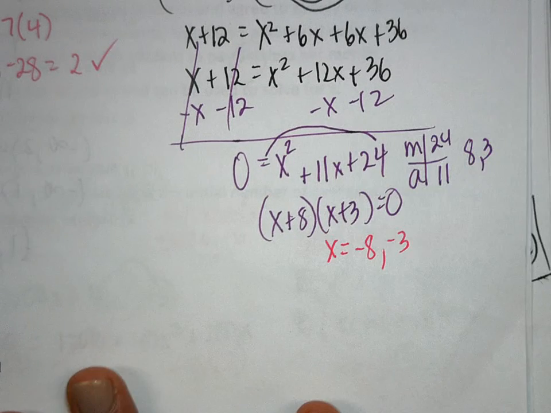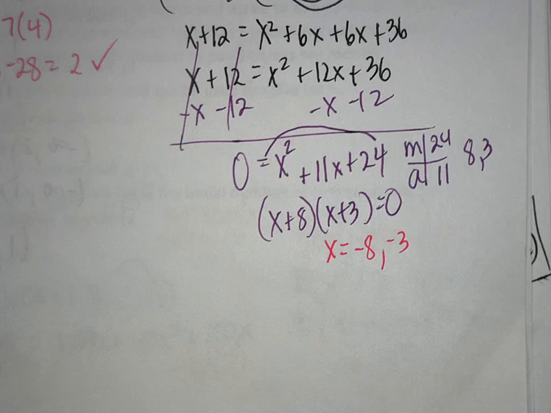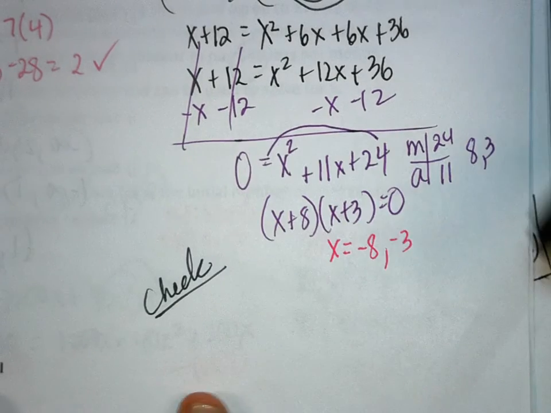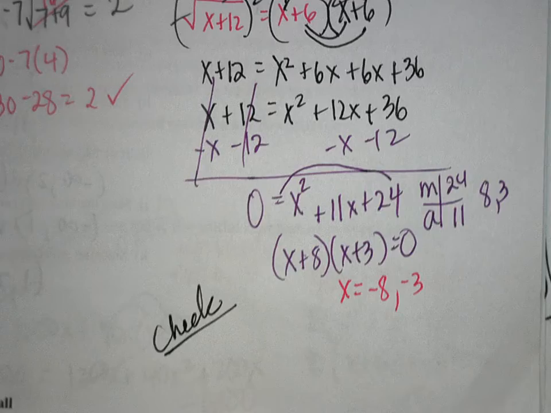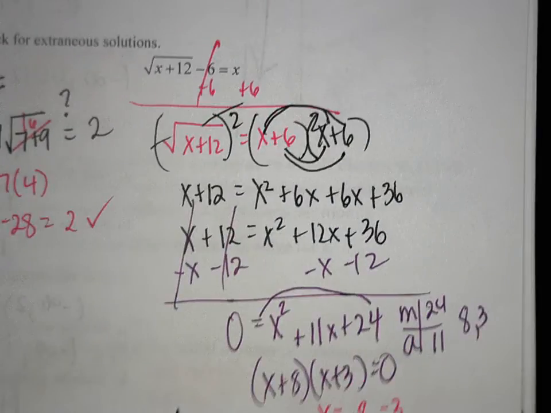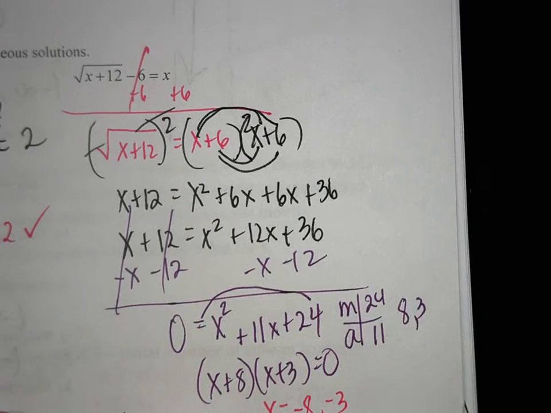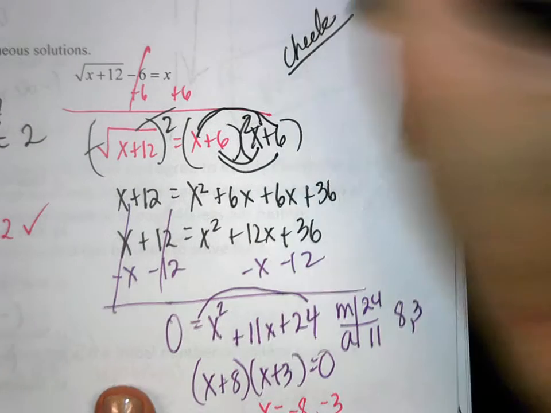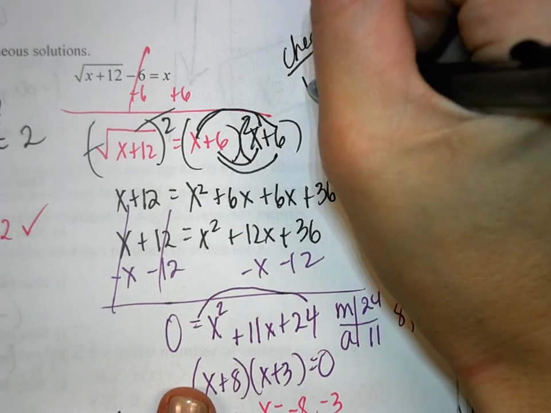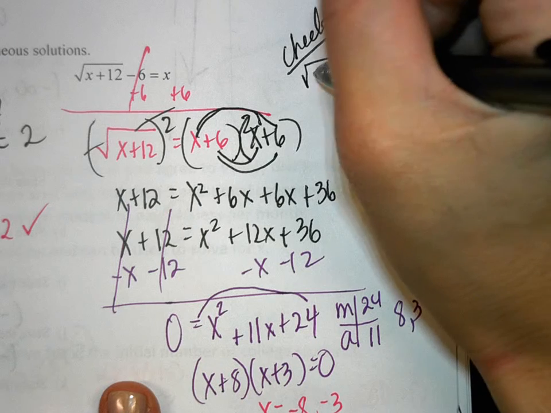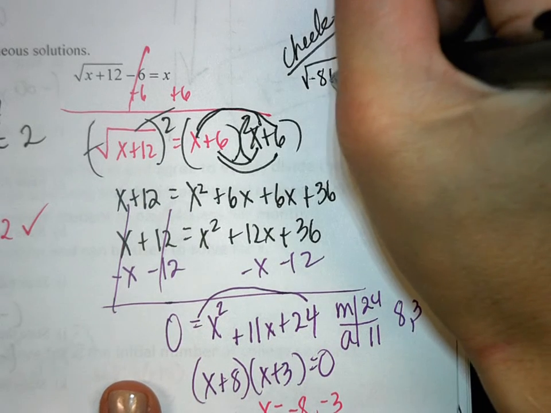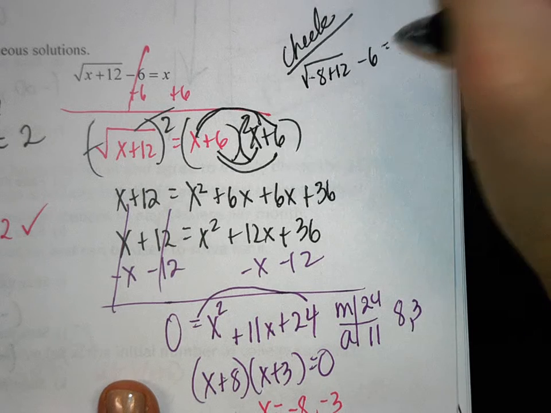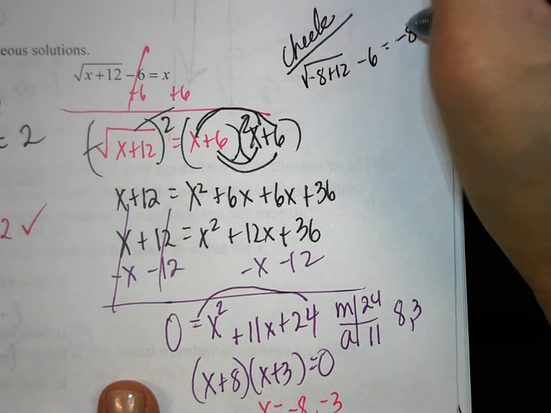-8, -3. But what do we have to do? Check. Okay. So if we check, let's go back to our original problem. Maybe actually I'll check over here, so we can see it. Square root, starting with -8. -8 plus 12 minus 6 equals -8.